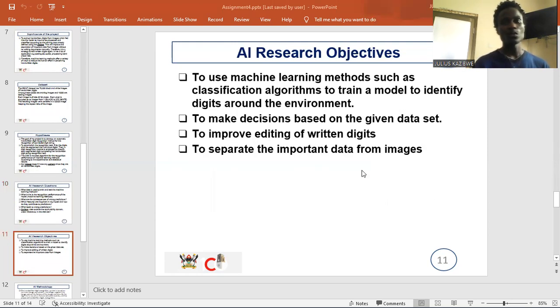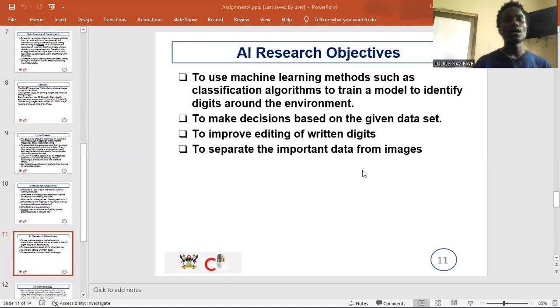My objective is to use machine learning methods such as classification algorithms to train a model to identify digits in the environment. We need to make decisions based on the given data that is in our data set, so we can't make predictions of numbers that are outside the data set, maybe in some other language which is not English. So I'll be using numbers from 0 to 9 to make predictions.